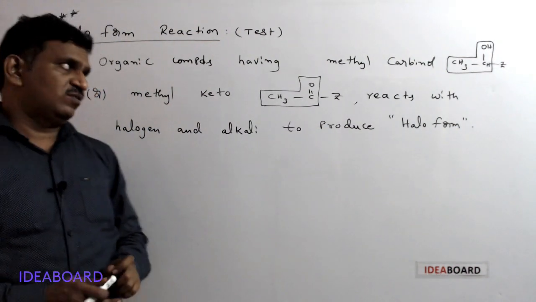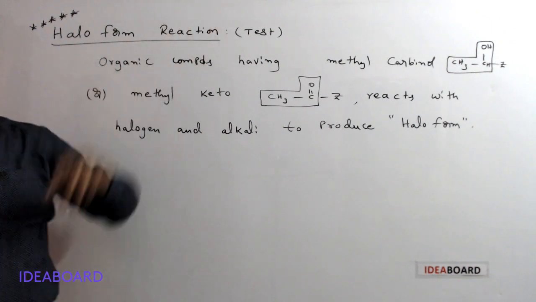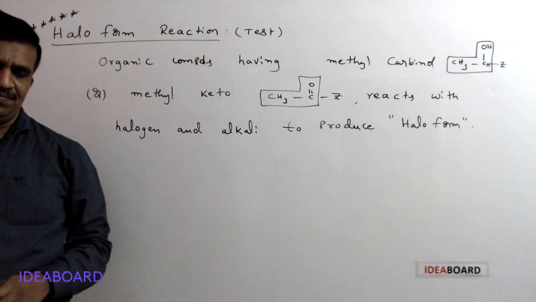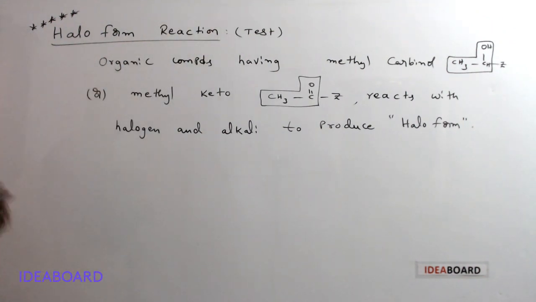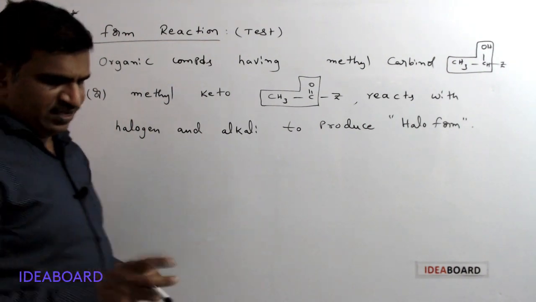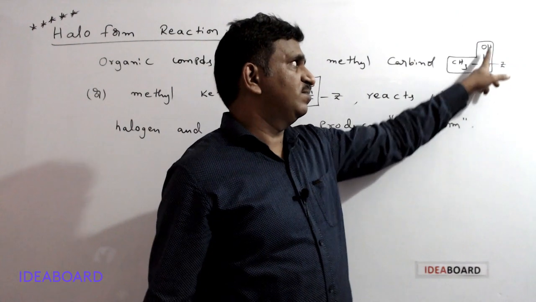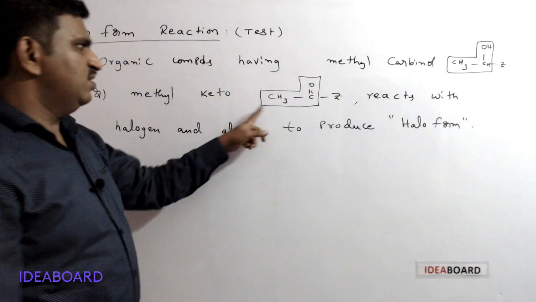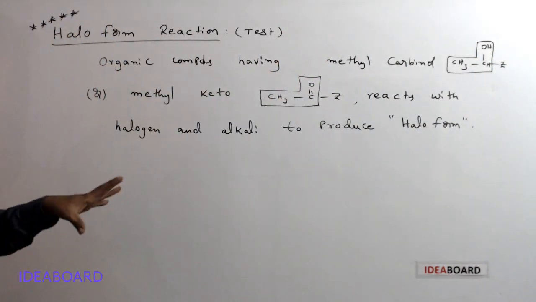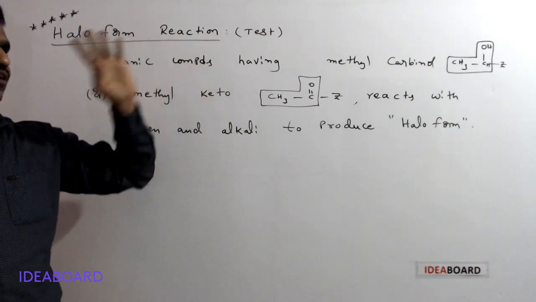This process is called the haloform reaction or haloform test. The main requirement for any compound to show the haloform test is a methyl carbinol group or a methyl keto group. If they are present, then they show the haloform test.